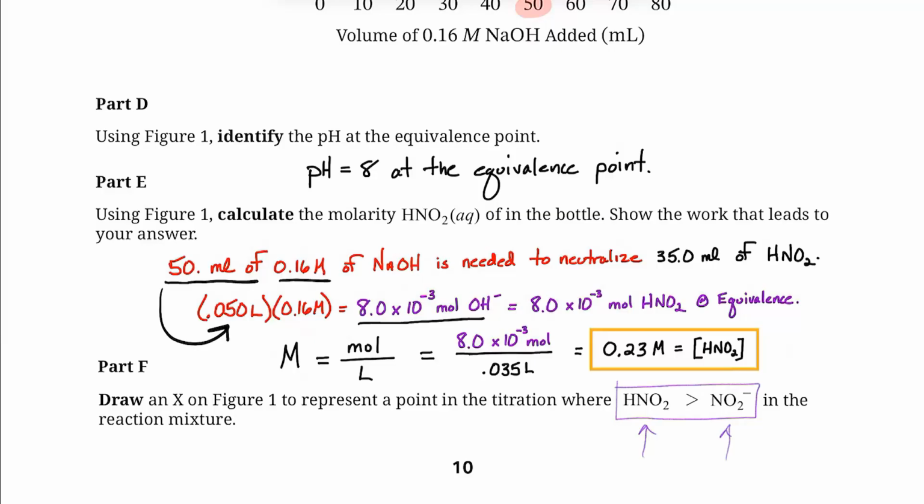Now, if you didn't know it was a buffer, conjugate acid-base pairs do not react with each other. And it's important you understand that, because a buffer prevents pH from changing, which means you have to have both an acid component and a base component depending upon what you're adding to the buffer. And it prevents the pH from swinging one way or the other.